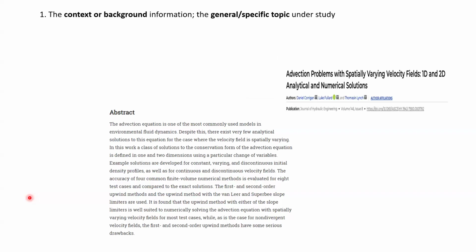Now, where is the context or the background, the general and specific topic under study? If you go through the first sentence, it gives the context or the background information, right? It's about the advection equation, and it says it's one of the most commonly used models. It gives the context or the background information.